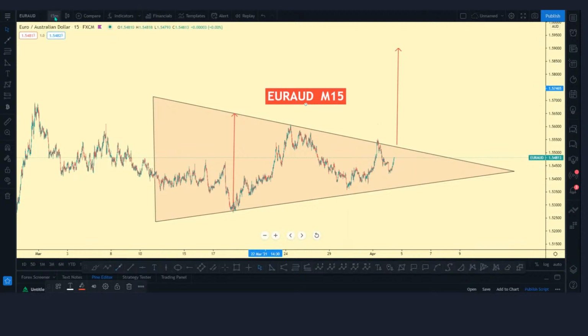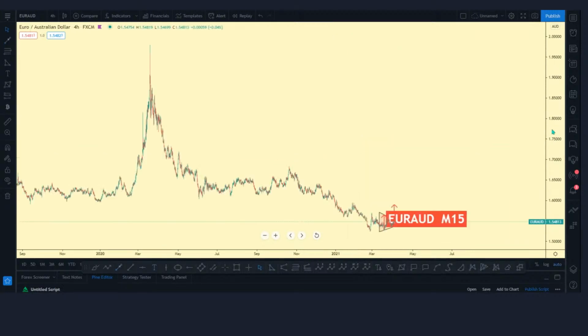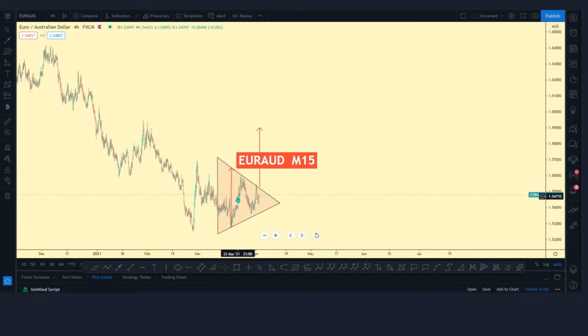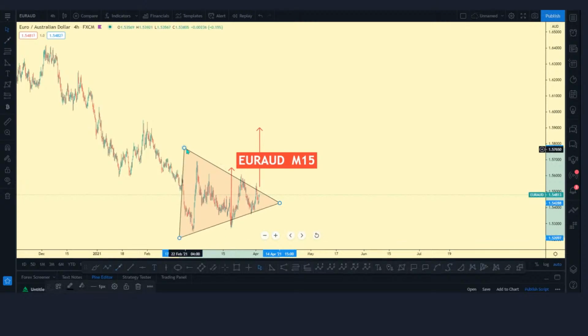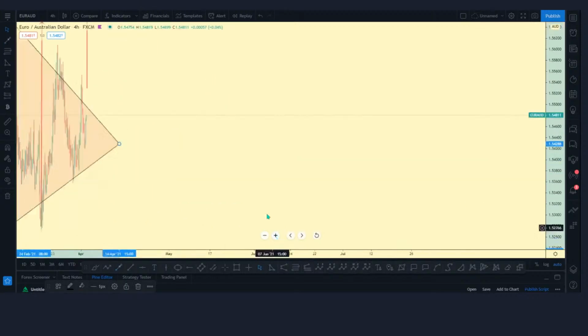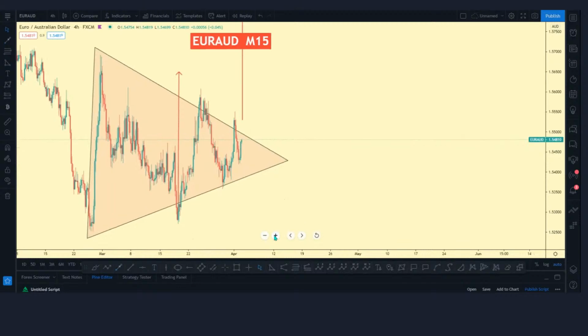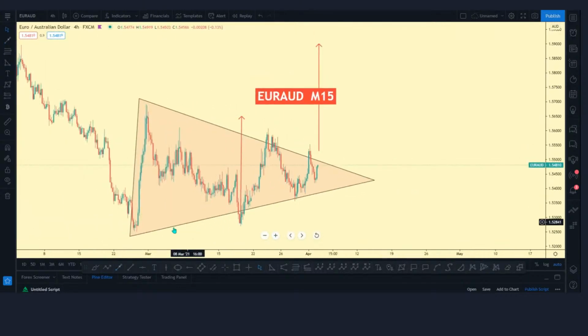Okay, also if you go to the 4 hour time frame, you can see this is actually not finished here. Okay, guys, just to get an idea, it's even bigger in the bigger time frame triangle.